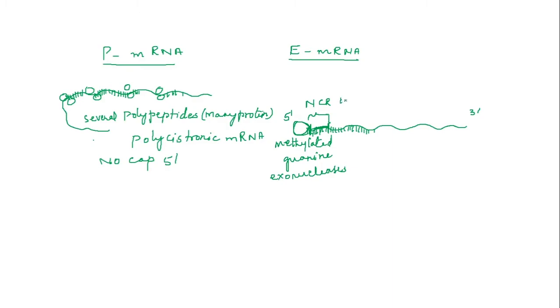This region has around 10 to 100 nucleotides, and it is rich in adenine and uracil, and it does not translate. There is no translation occurring, that is, there is no information for protein synthesis in this region, and this is called the leader sequence.